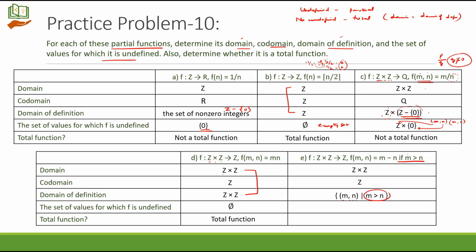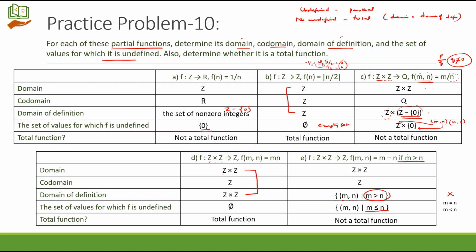What about m equals n, or m less than n? These two cases are not defined. So this can be taken as the set of values for which f is undefined: m less than or equal to n. We have combined both these conditions and kept them here. So when you have an entry for undefined values, what is it? It is not a total function.